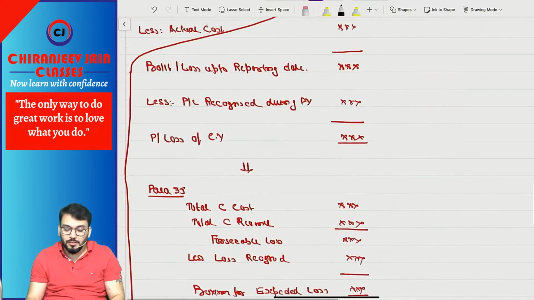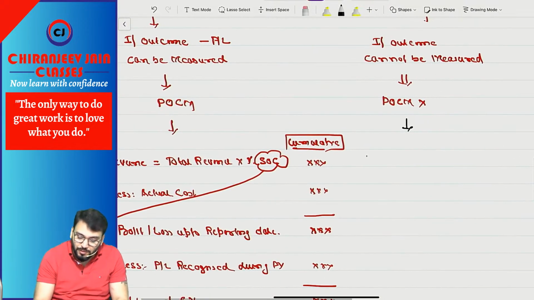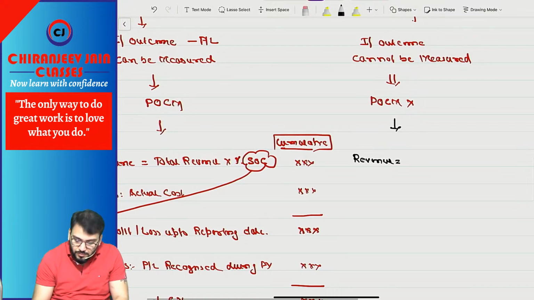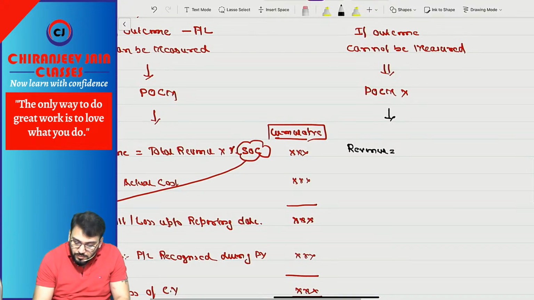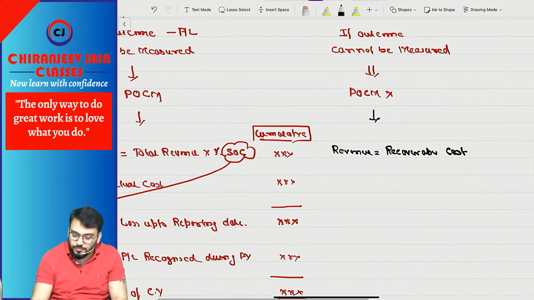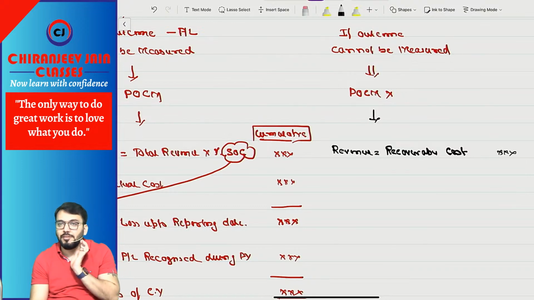Now, when the outcome cannot be measured reliably, in this case revenue will be equal to recoverable cost. Recoverable cost means cost to the extent they are recoverable.